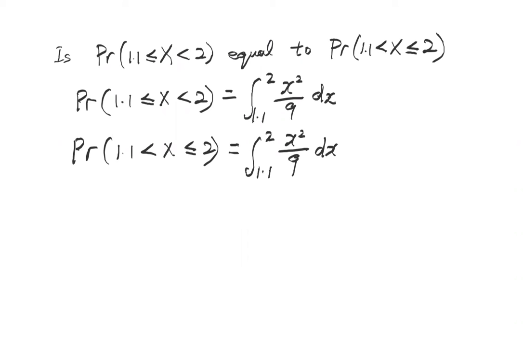Whether there is an equal sign or not doesn't matter at all. You can straight away use your calculator FNINT and find the probability. But please write down this expression first.